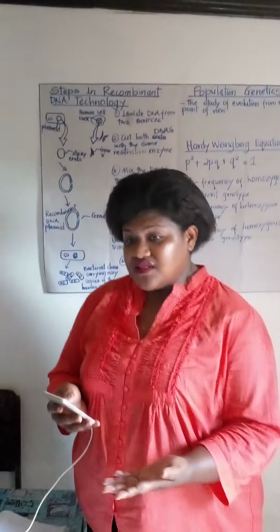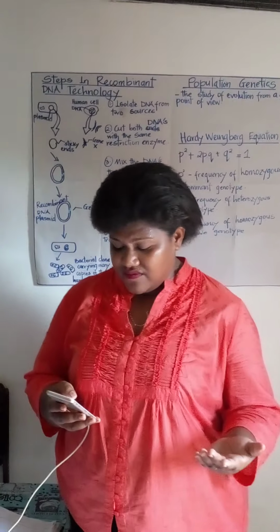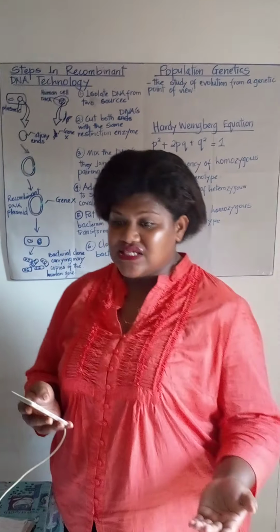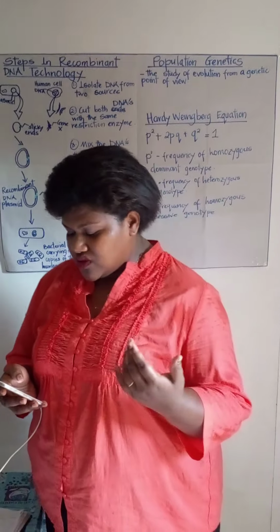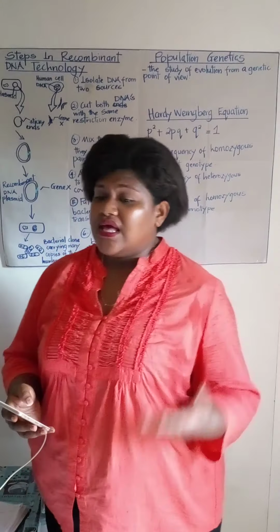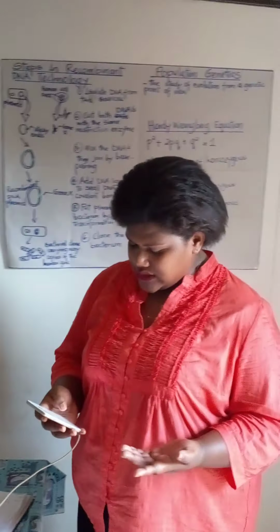Disadvantages of GMO: not 100% environmentally friendly, food supply at risk, new diseases coming through, economic concerns, and ethical issues. Those are the advantages and disadvantages of genetically modified organisms.